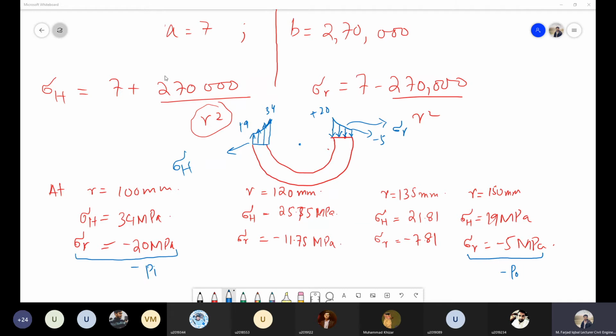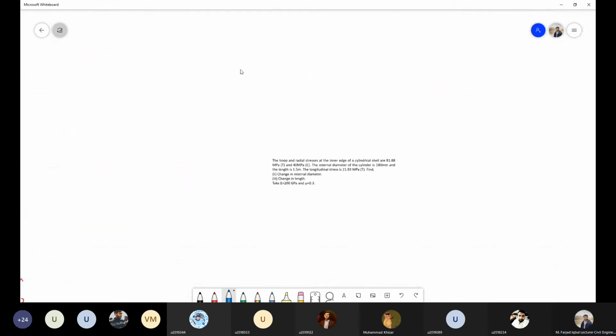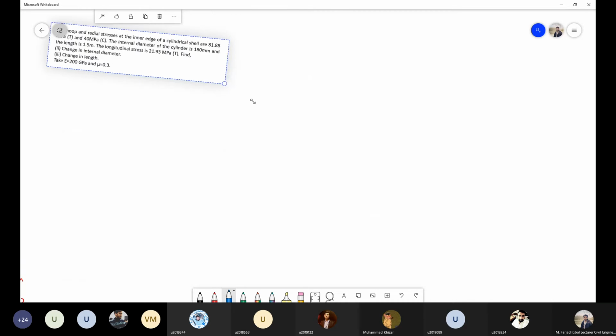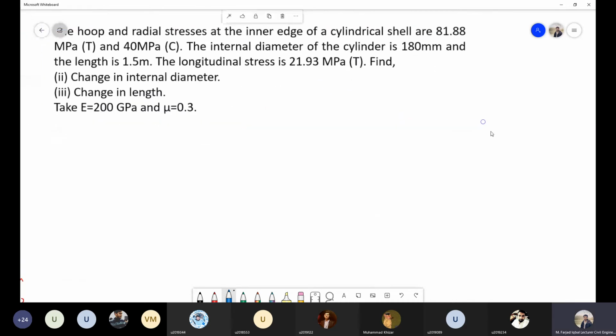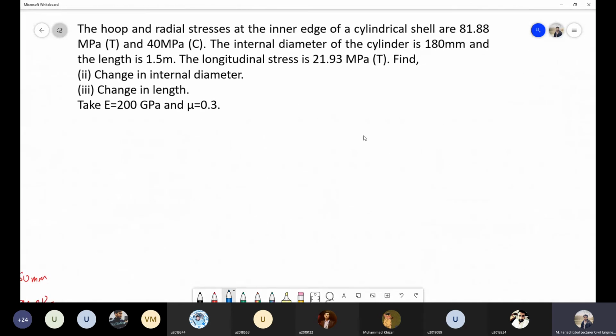of change in diameters. So this is a statement. It has been mentioned in this question. We have been provided with these parameters.